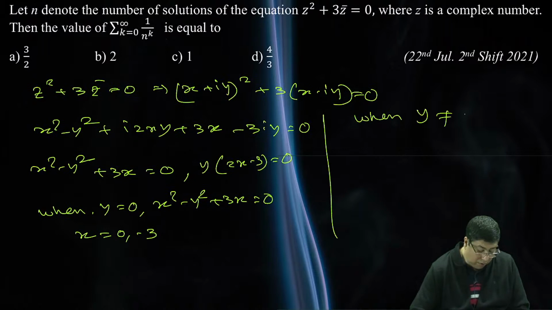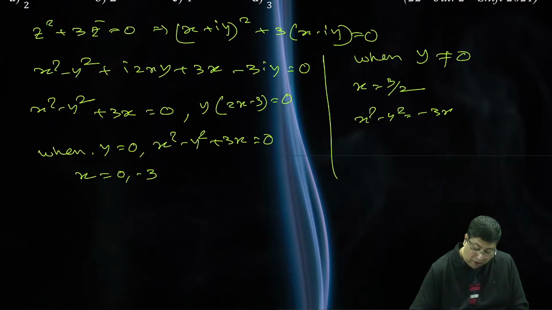When y not equal to 0, we get x equal to 3 by 2, and x square minus y square equal to minus 3x.